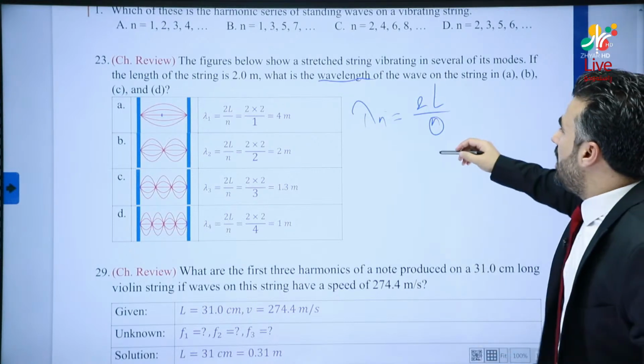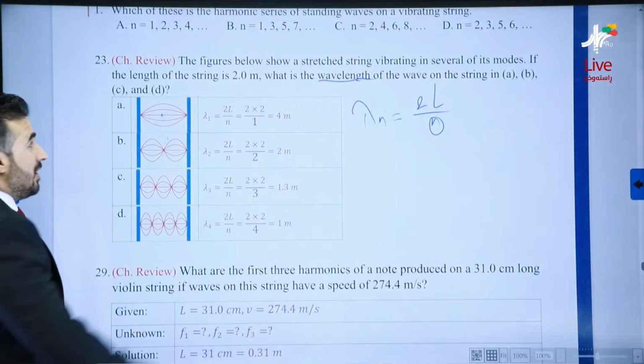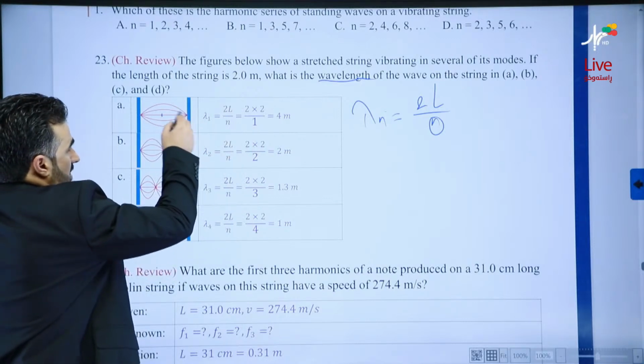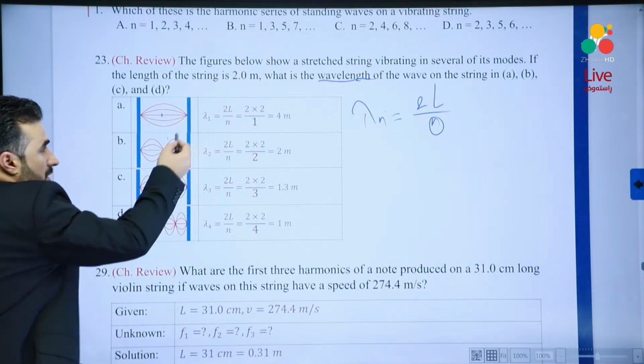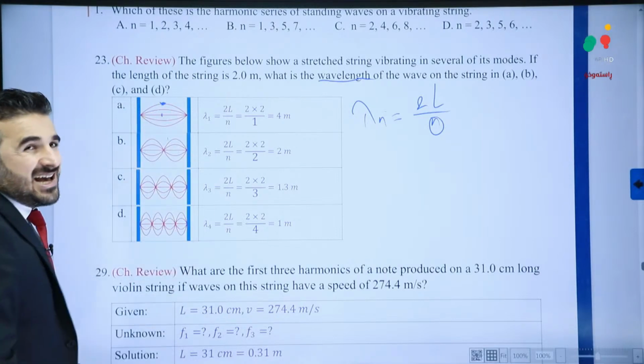So in this case, this is going to be the first harmonic, yeah? How do we know the first harmonic? There are two ways you can say this. You can see the vibration here, the wavelength is the maximum, or you can say we only have one antinode, yeah?